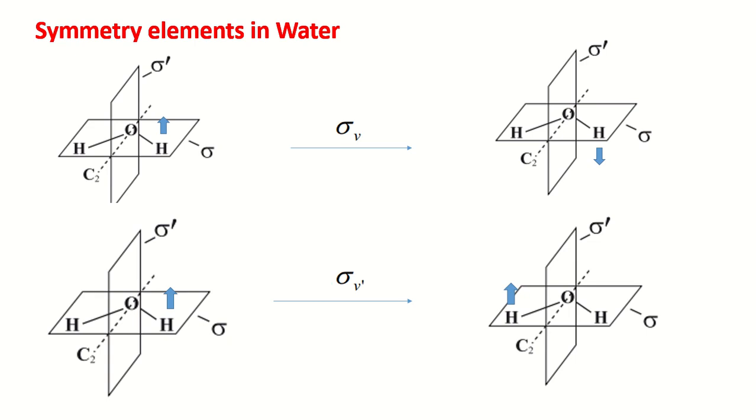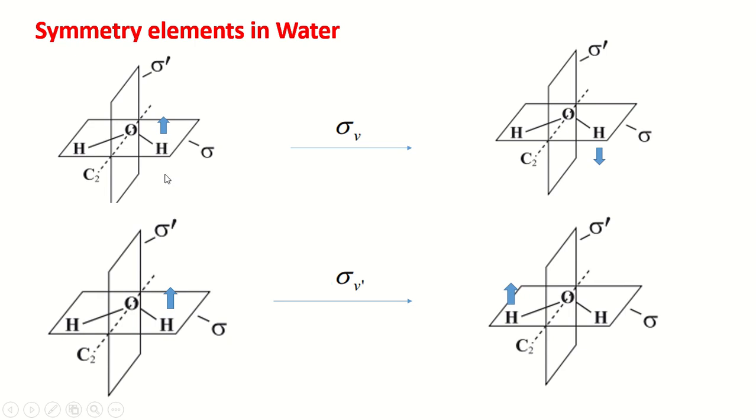So what happens if we apply sigma v to this molecule? We know that sigma v is the plane which contains the axis of rotation. Both sigmas are vertical to the C2 proper axis of rotation, but this is the planar type of sigma, which is known as sigma v in this diagram. What happens if we apply sigma v? The direction of the arrow is downward.